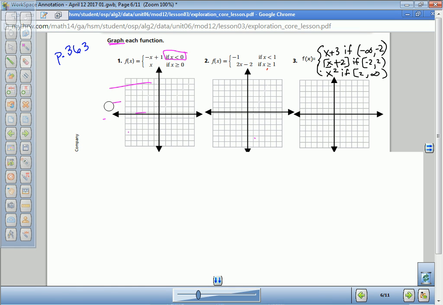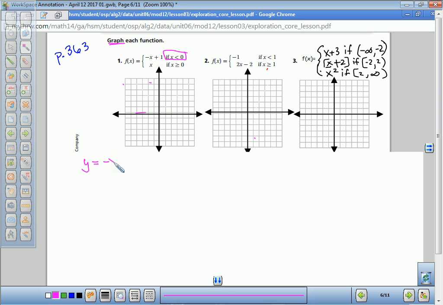So we could just think about this first one, y equals negative x plus 1, and go, ooh, that's a line. It has a y-intercept of 1. It has a negative 1 slope, which means down 1, right 1, or up 1, left 1. But because I can only go to the left, I can only do that.